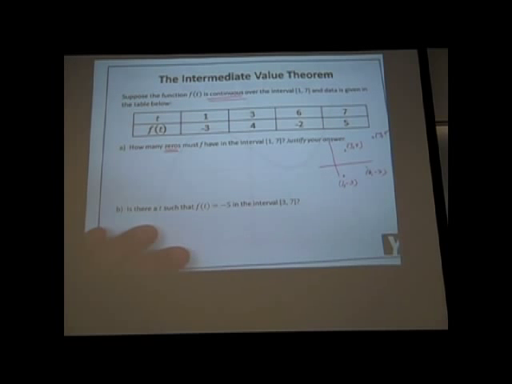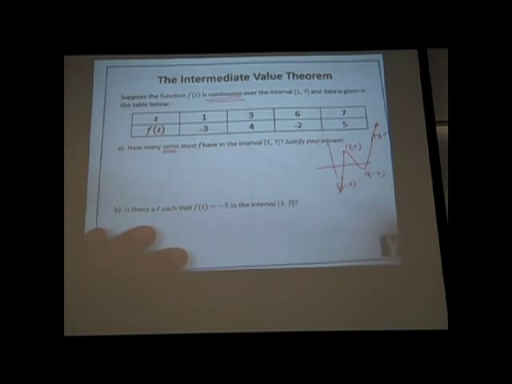I can imagine a function that connects those 4 points. Maybe that's the function, maybe not. But I can see that on this interval, I'm going to have a root over here, a root over here, and a root over here.